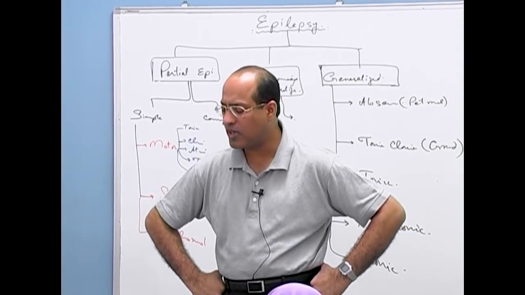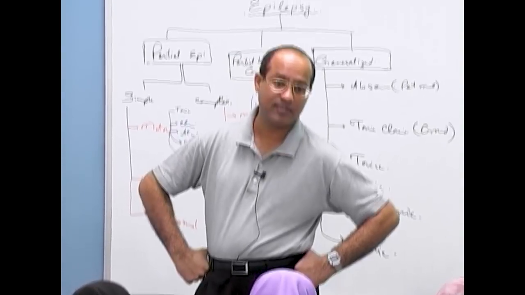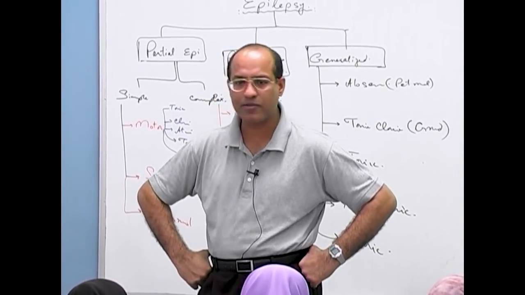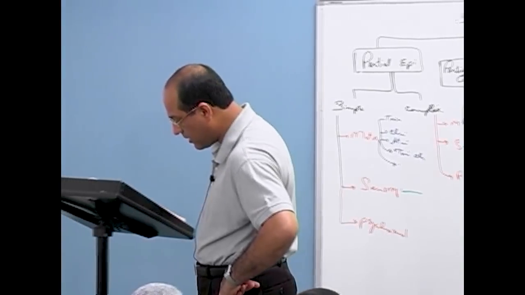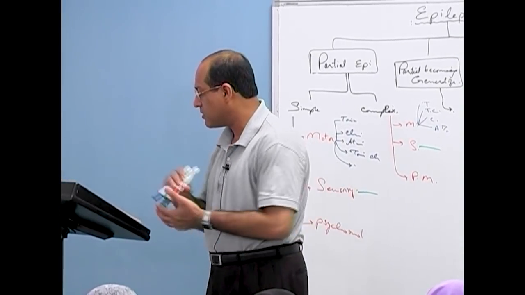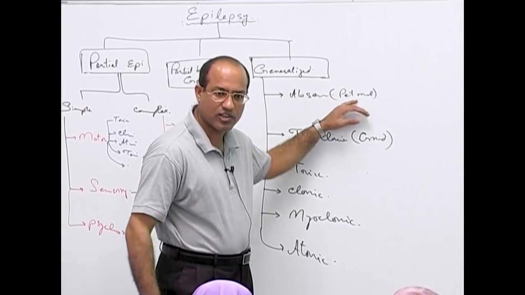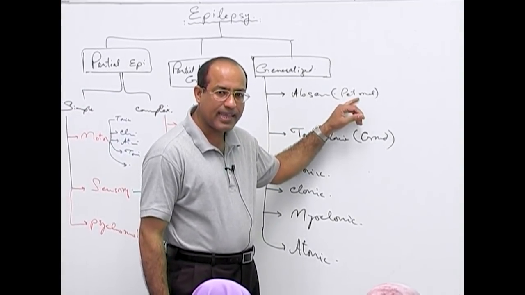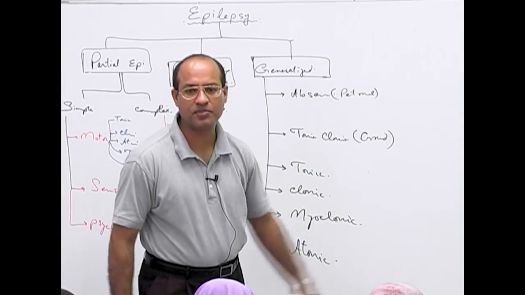Patients who are having absence seizures may sometimes develop hundreds of attacks per day: a 3-second attack, a 5-second attack, a 10-second attack. Usually they are very brief and multiple. Absence epilepsy usually starts in children, and as the child grows up, usually they grow out of absence seizure.